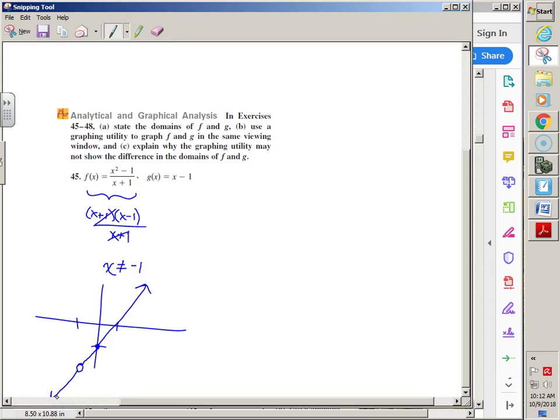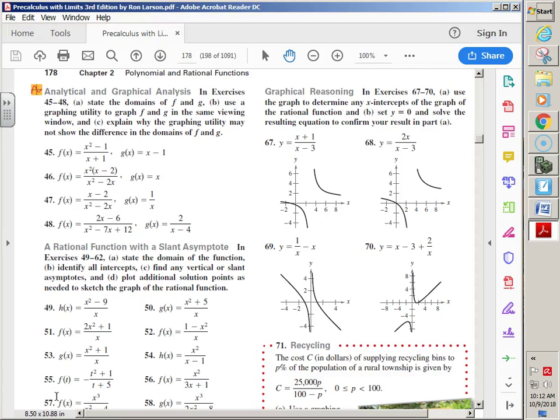G says, nope, pass straight through. So they're the exact same thing, just one has a hole, whereas the other says, nope, I'm fine. Which is why when we reduce, what do we have to say so that they're not actually incorrect? We can't just say they're the same. But if we say x can't equal -1, it's totally legal. And it's a whole lot easier to deal with x minus 1 than that whole nastiness at the beginning.